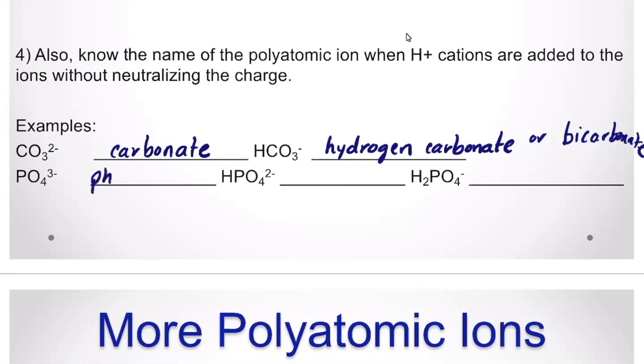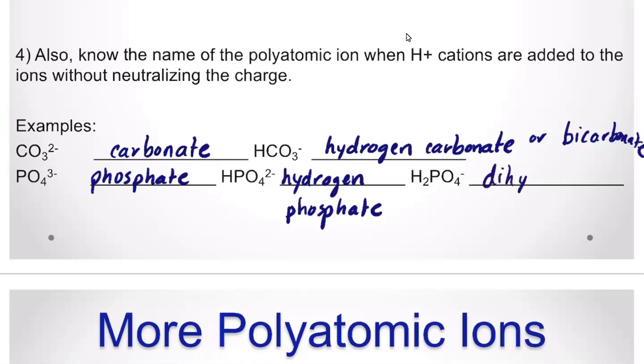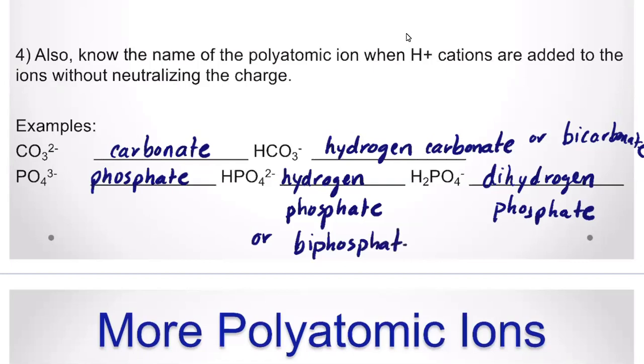Okay, so this one is phosphate. We add a hydrogen, becomes hydrogen phosphate. You add 2 hydrogens, it's still charged. That becomes dihydrogen phosphate. Okay. Remember, this one can also be called biphosphate for the 1 hydrogen.